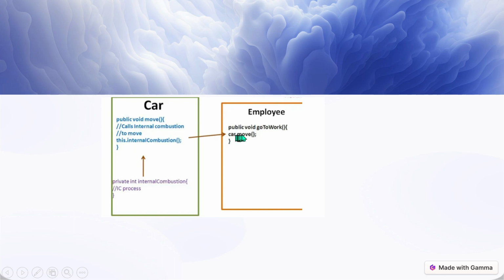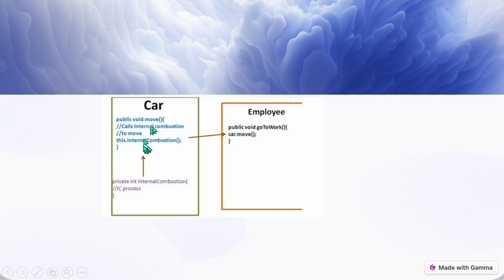But internally that car's move method is calling some other method, the internal combustion method. How the move method calls it, and how that combustion method works in the engine, utilizing the petrol or diesel, all these things we don't know and we are not bothered about. But we know that we are dependent on the move method.